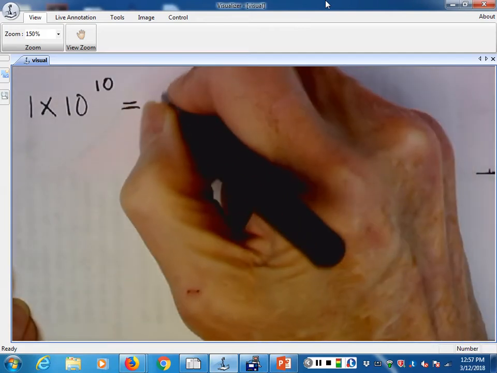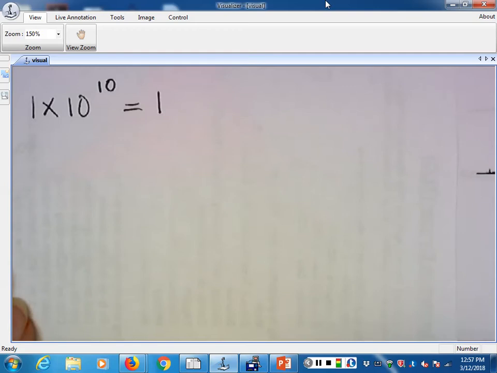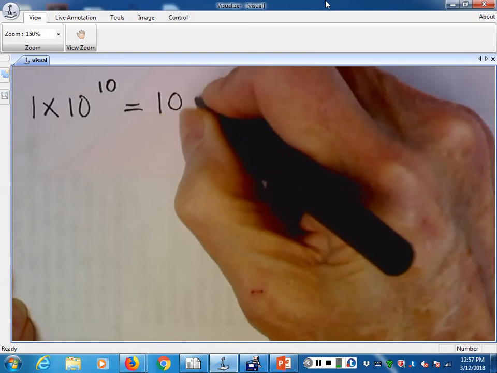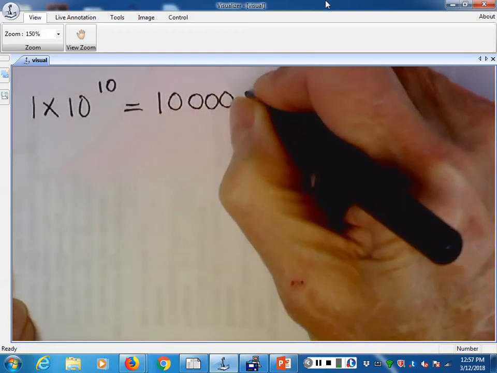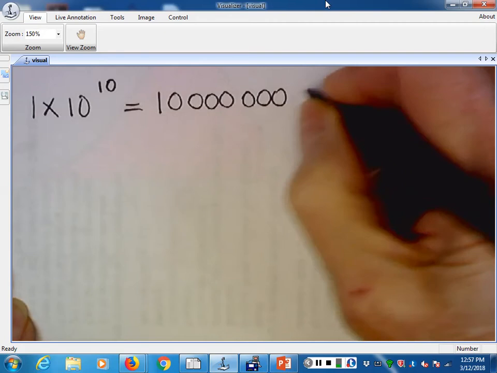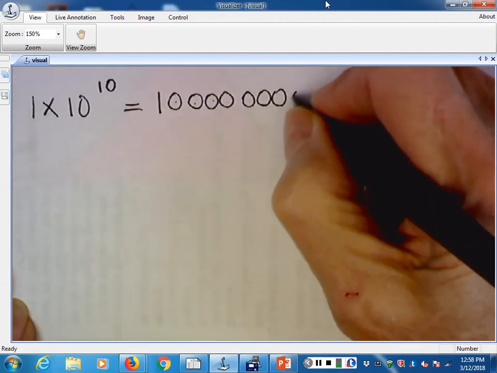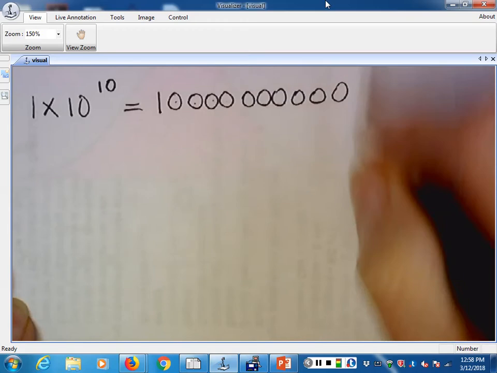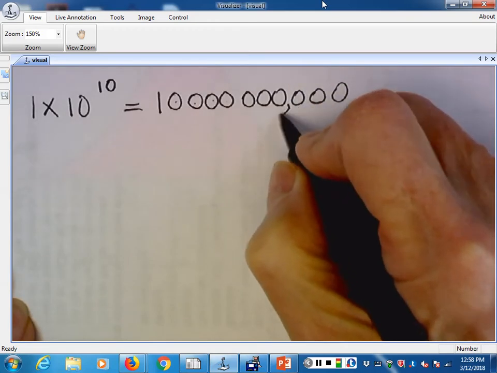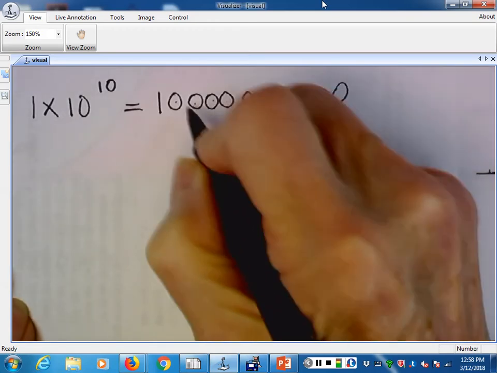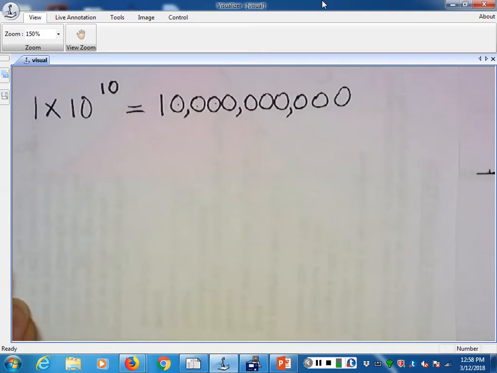Well, basically, it's a 1 followed by 10 zeros. One, two, three, four, 5, 6, 7, 8, 9, 10. So there's thousands, millions, billions. So you're close, 10 billion. Okay? Pretty big number, huh?